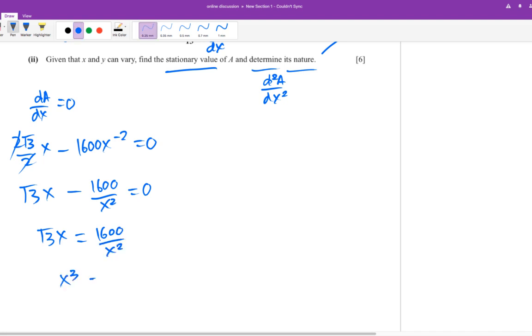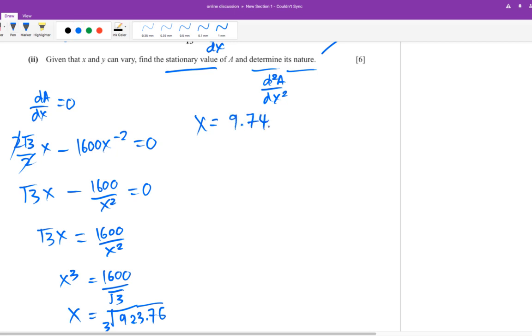So x cubed equals 1600 over square root 3. So x will be the cube root. 1600 over square root 3 gives 923.76. Then I need to cube root it to find my x value. So I get 9.74.